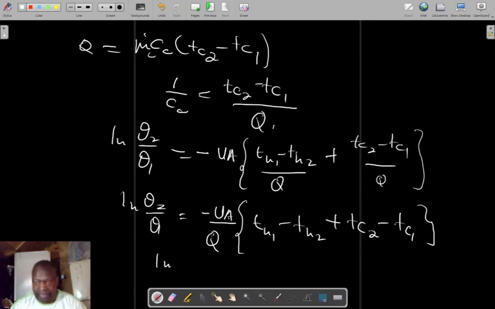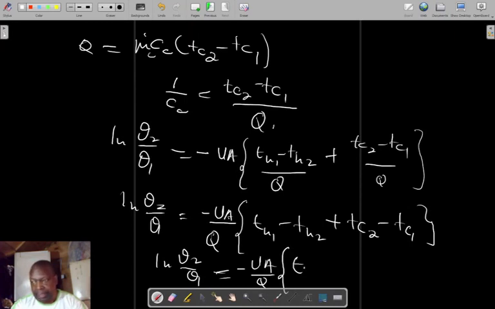So ln theta 2 over theta 1 is equal to minus UA over Q into bracket.